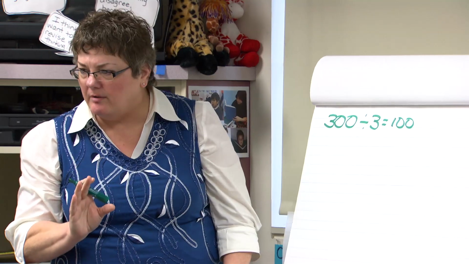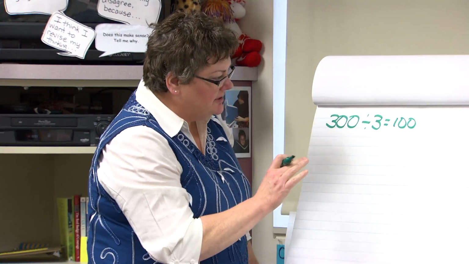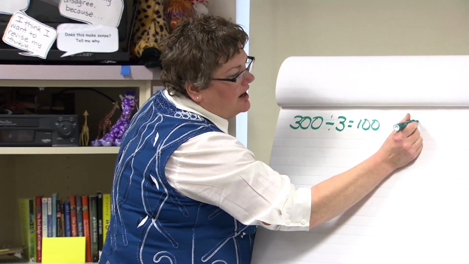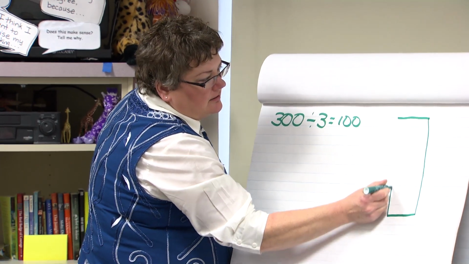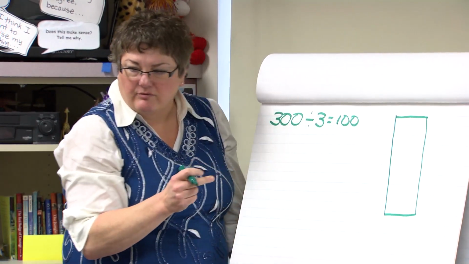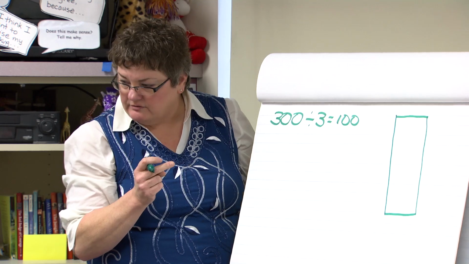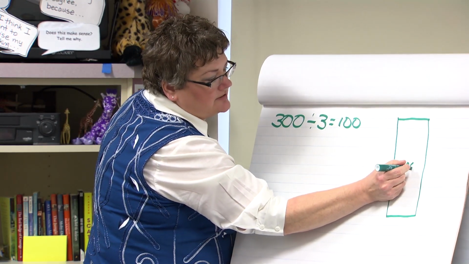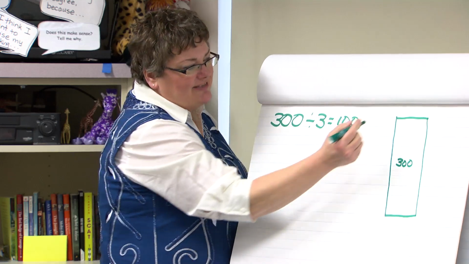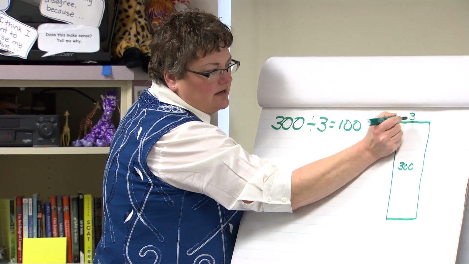100. So I want to draw a picture of that division. So if I was to draw an array, inside this array are 300 squares. I'm not going to draw all 300, but there are 300 squares inside this array. And this side is 3.